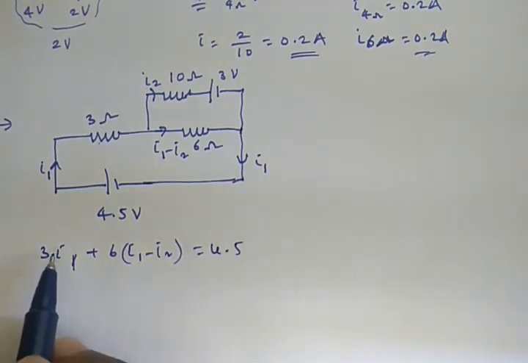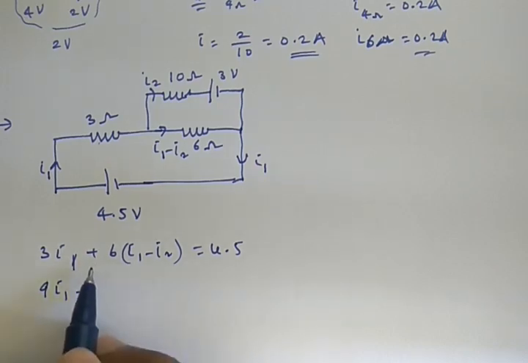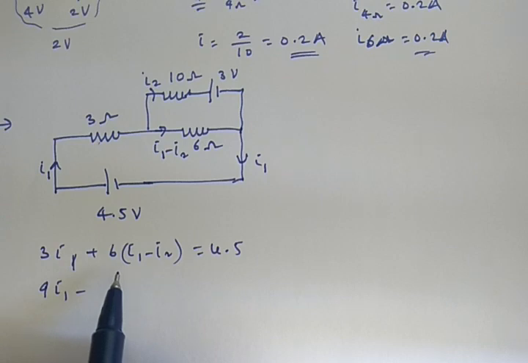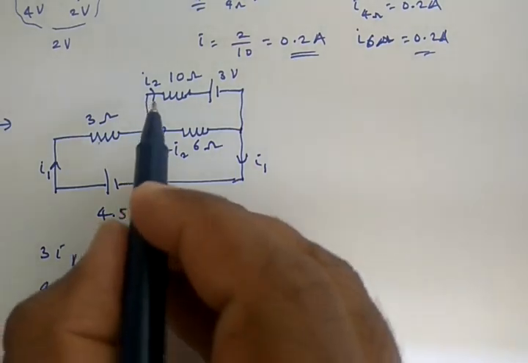When you simplify this, because here 6 and here 3 is there, you get 9I1 minus, oh sorry, here you can take it like this.